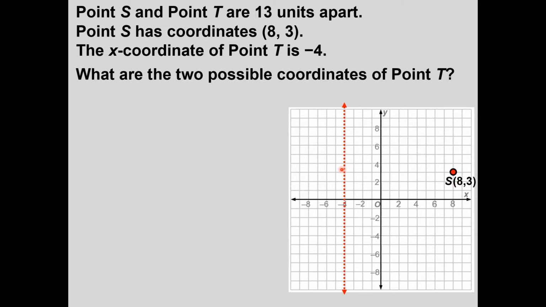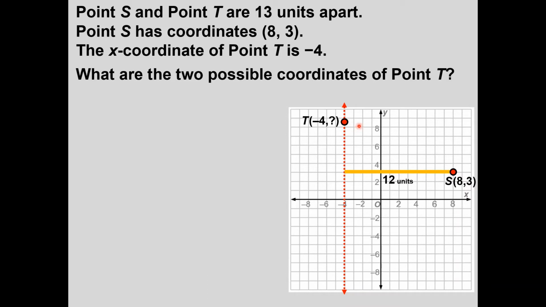Now, wouldn't it be really nice if it was actually right here, lined up with S? Wouldn't that be convenient? Unfortunately, the distance from here to here is 1, 2, 3, 4, 5, 6, 7, 8, 9, 10, 11, 12. That's only 12 units. So it's not going to be right here. It's not going to be lined up with S. But since it's longer than that, it's probably going to have to be above it or below it, because then the distance from that point to S will be diagonal, and that'll make it longer than 12.